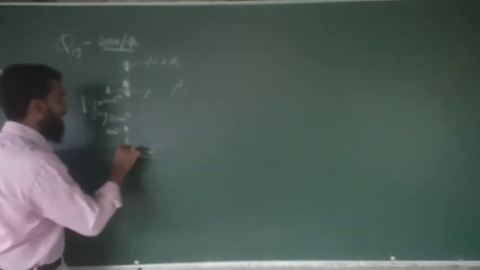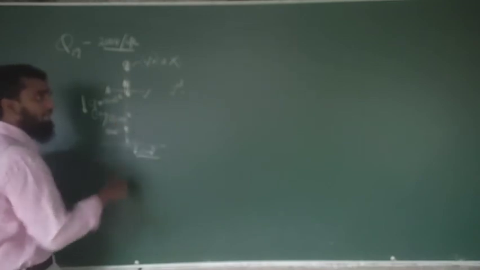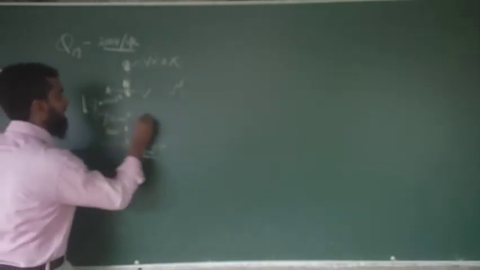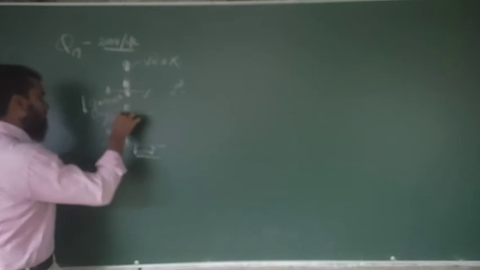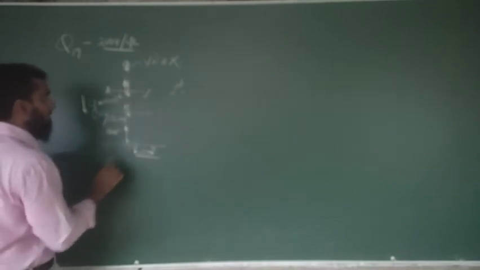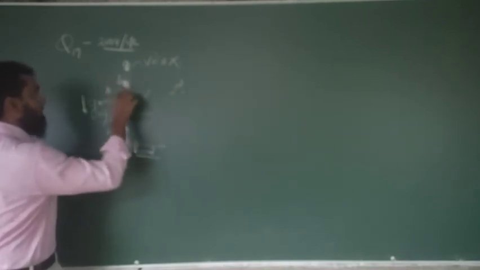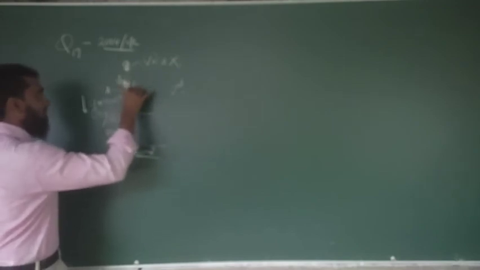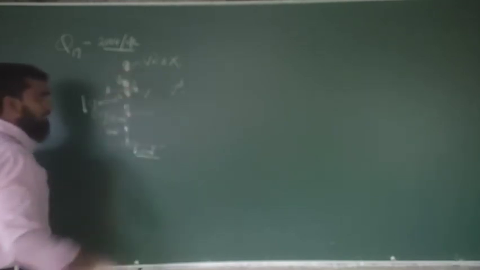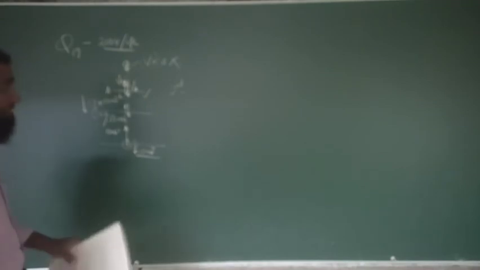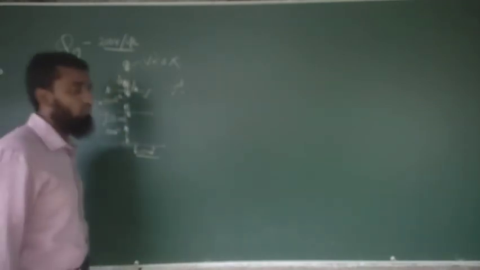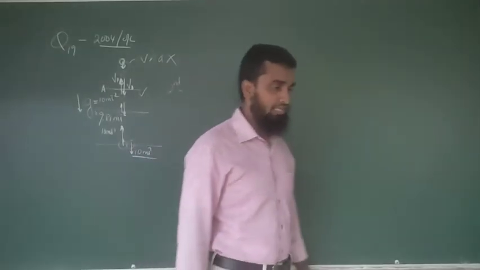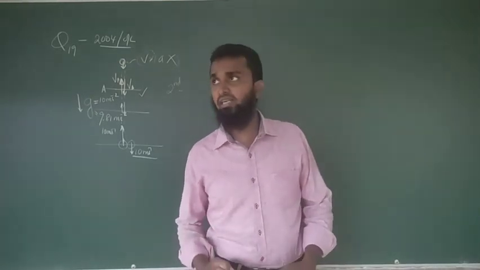The same level has the same velocity on either side, right? At the point A, the velocity upwards VA is going to be equal to VA downwards, right? That is the symmetry of motion under gravity.